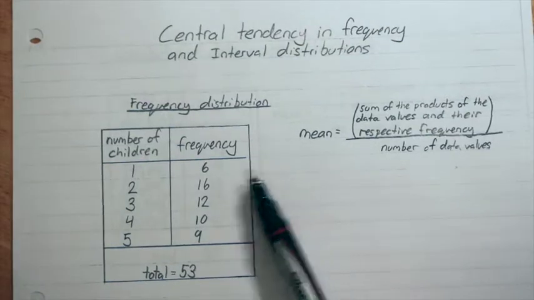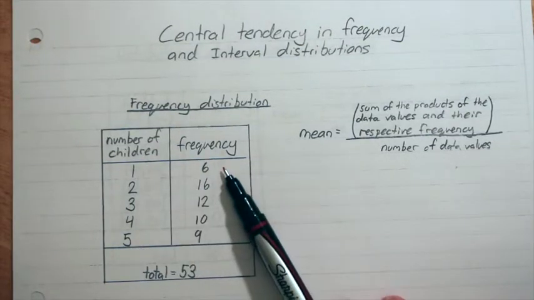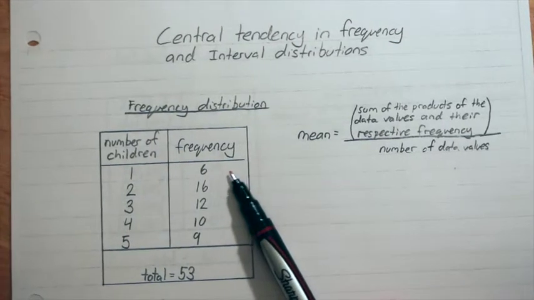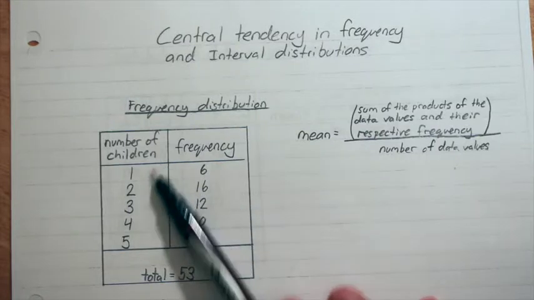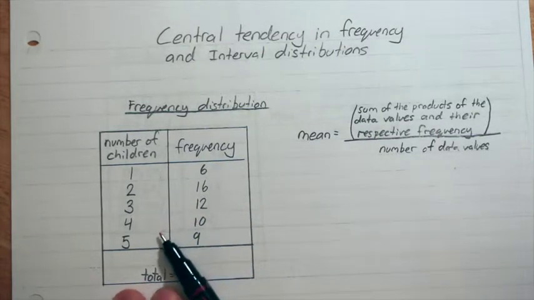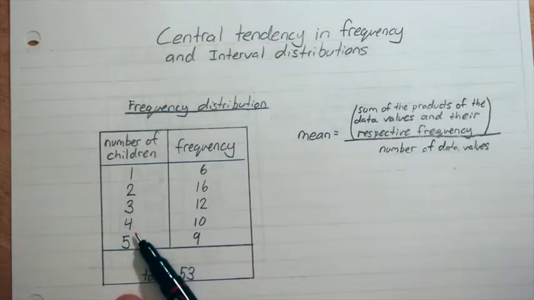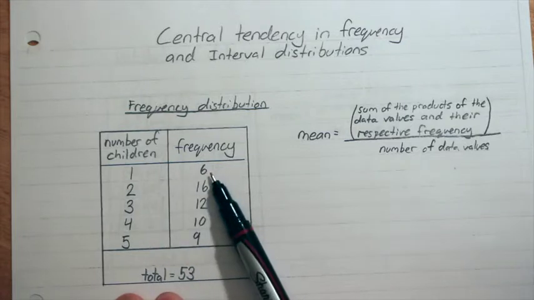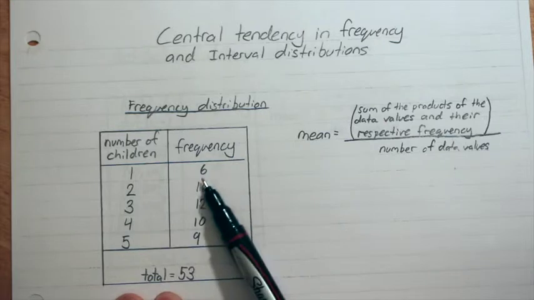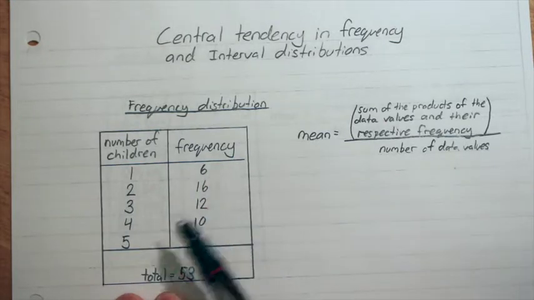In a frequency table, our data is listed on one side, and how often that data appears in our set is listed in the second column. For example, if we took a poll of the number of children on a street, and we asked how many children do you have, the answers are 1, 2, 3, 4, or 5. 6 families answered 1, so we put that into one row. 16 families said 2. 12 families said 3.